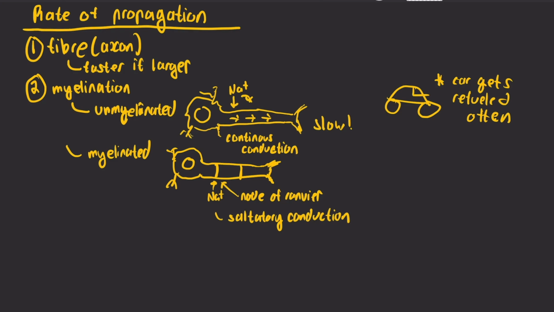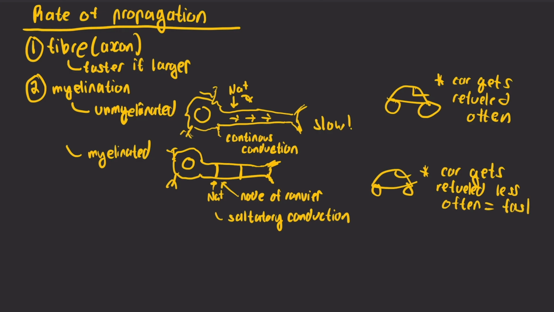Compared to, let's say, over here, the sodium channels only open at the nodes of Ranvier. So it's only going to open every once in a while. Here, back to our analogy, the car gets refueled less often, resulting in a faster travel. Okay? Let's say this is the map of Canada.